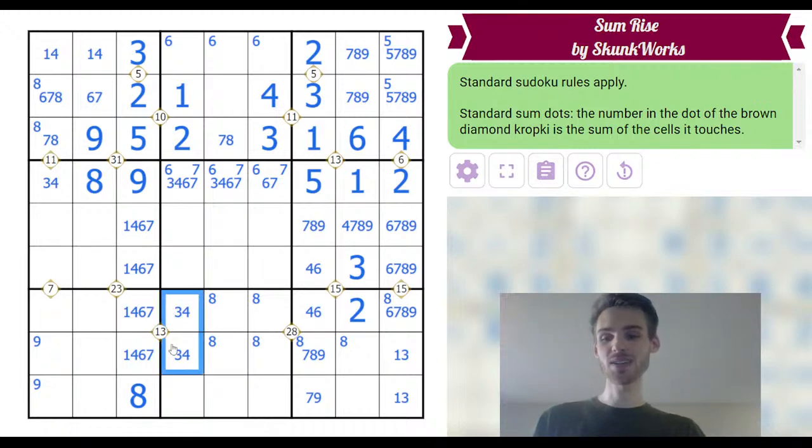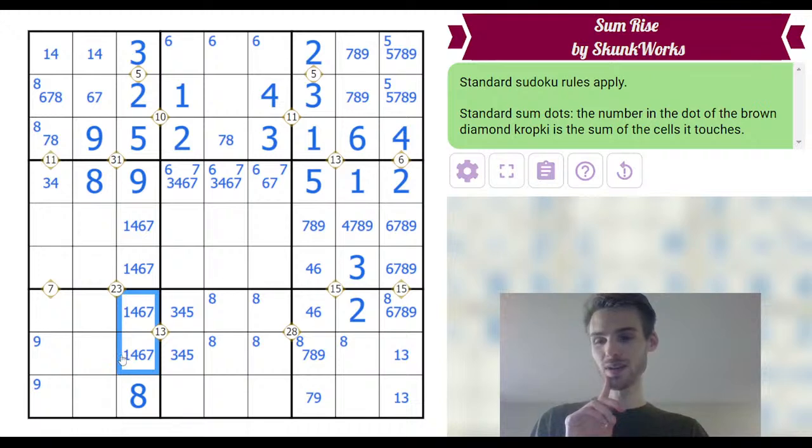So the absolute maximum is 8, and the minimum is 5, so this is 3, 4, or 5, which means that this can never be, if this is 3, 4, this would have to be 6, but you can't add this to 6. So this is 3, 4, and this is 1, 4.